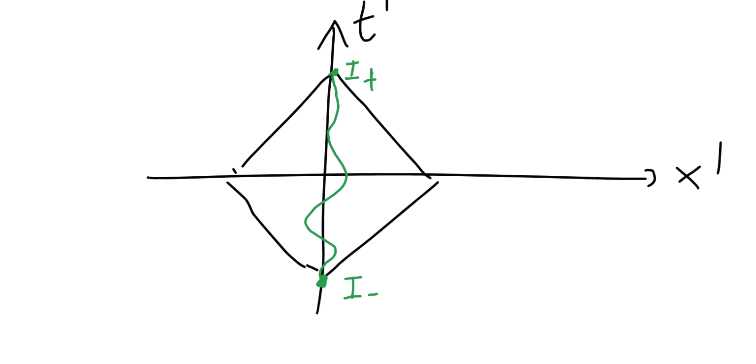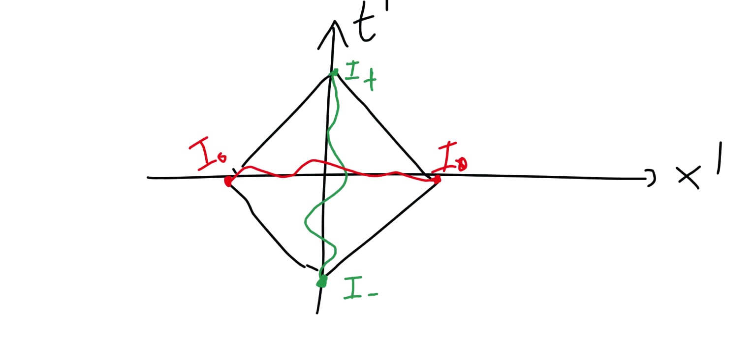A space-like world line will go from this point to this point and is totally unphysical, but still we can draw it in that diagram. And this is called I naught. It's the space-like infinity.